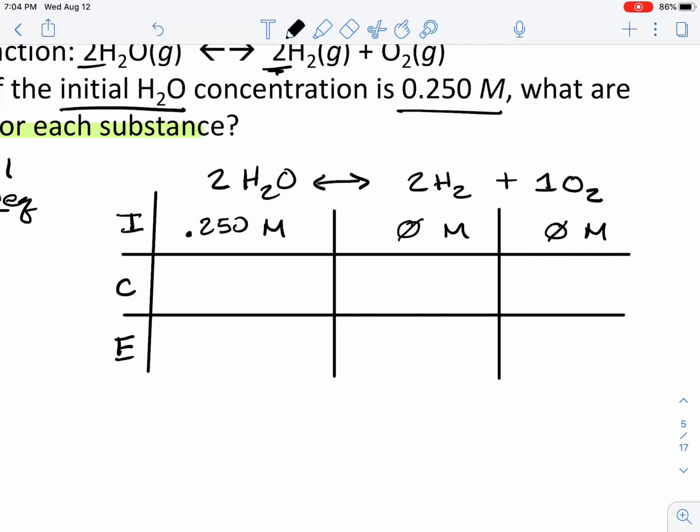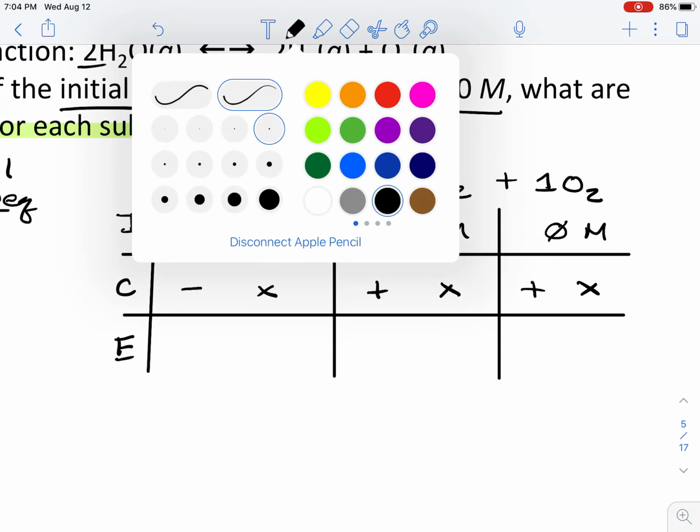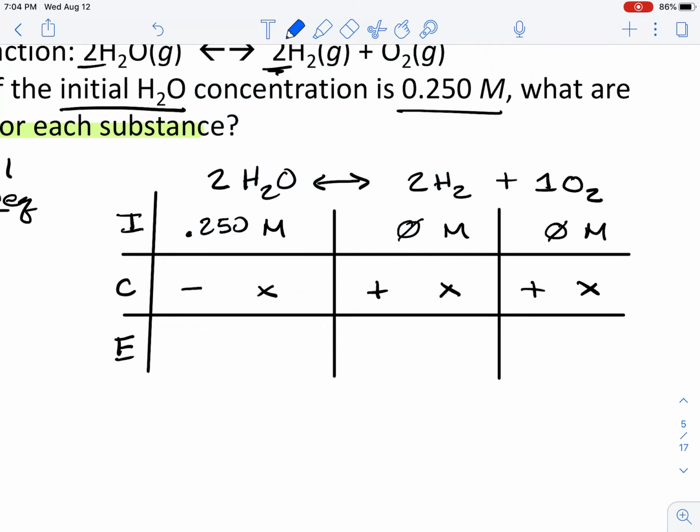Since I'm consuming reactant, I'm going to put minus x, and since I'm producing product, I'm going to put plus x and plus x. Now, to ensure the stoichiometry, I'm going to bring that 2 down, this 2 down, and then this 1 down.